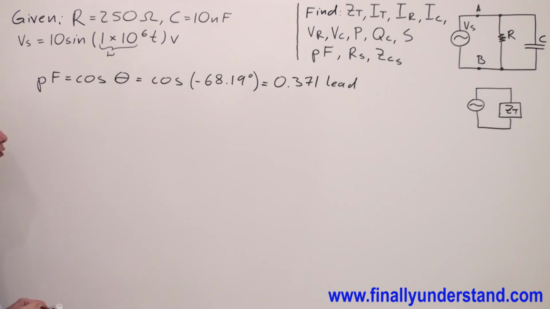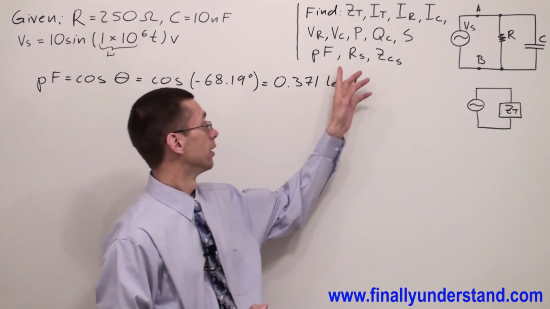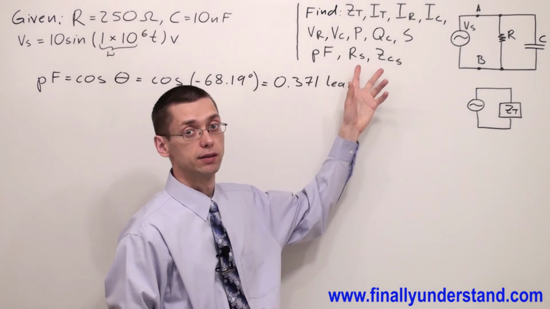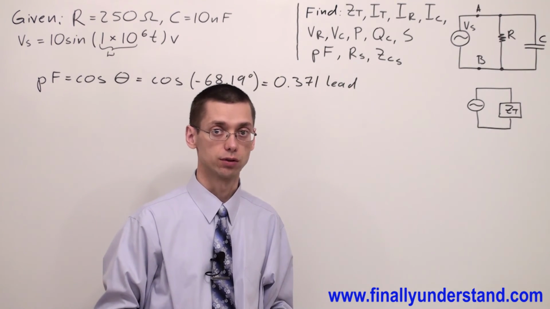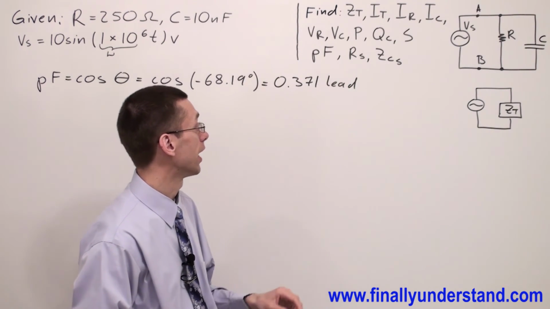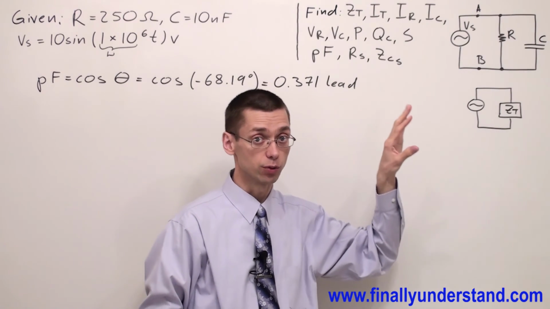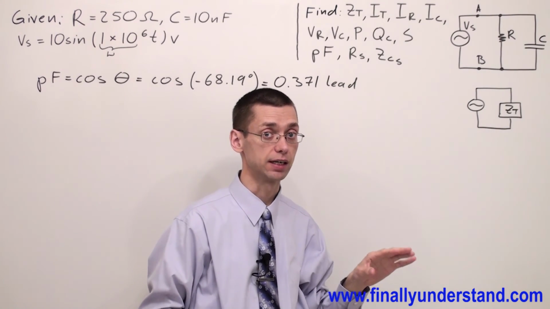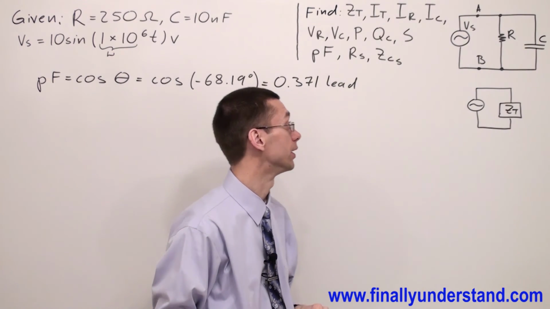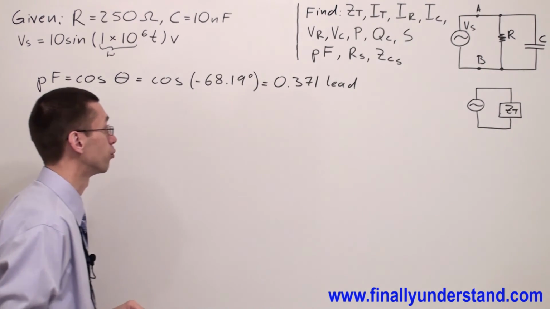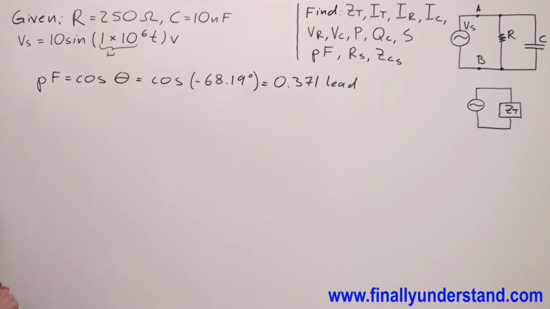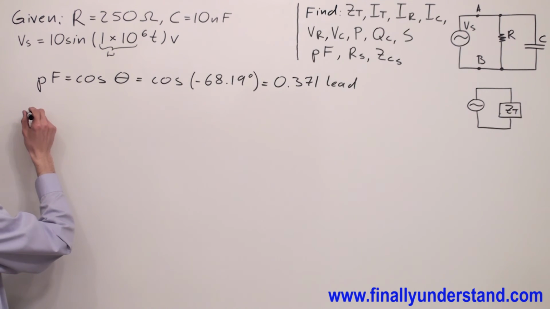Next, I'm supposed to find the equivalent series circuit. Okay, it means I have to convert this parallel circuit to a series circuit, which is going to have exactly the same impedance. So what I'm supposed to do in this case? I'm supposed to take the value of Z total.